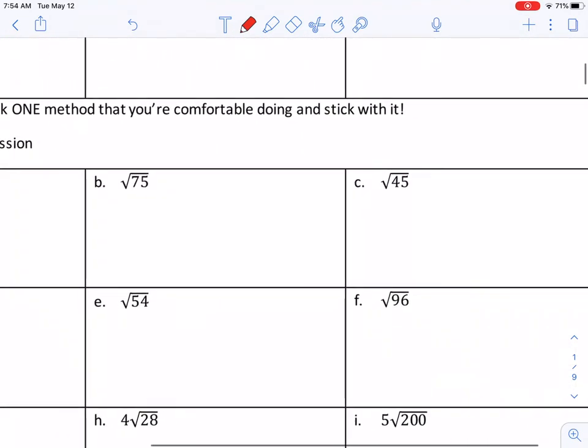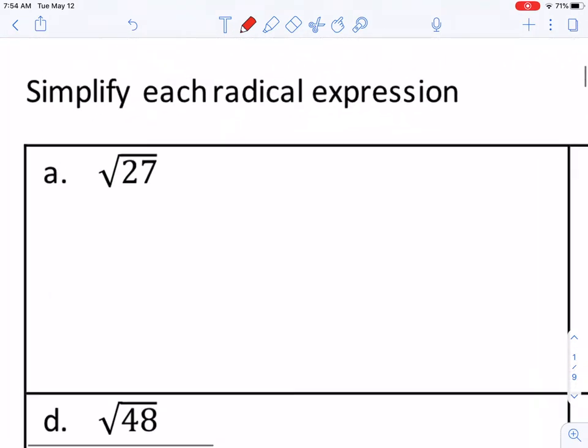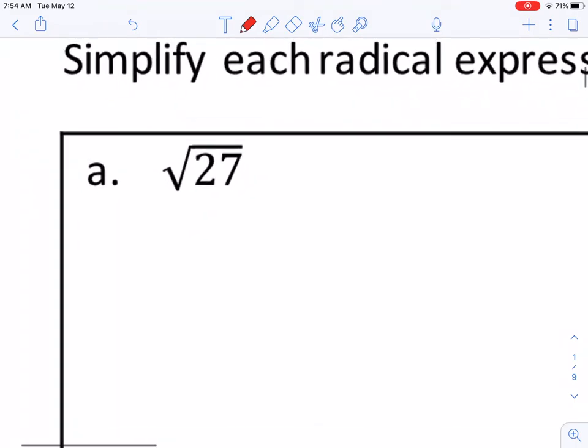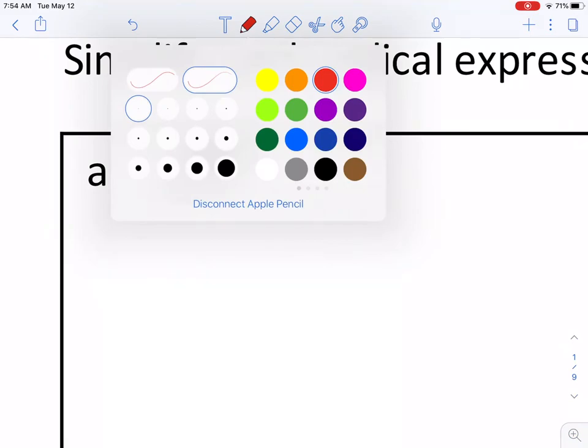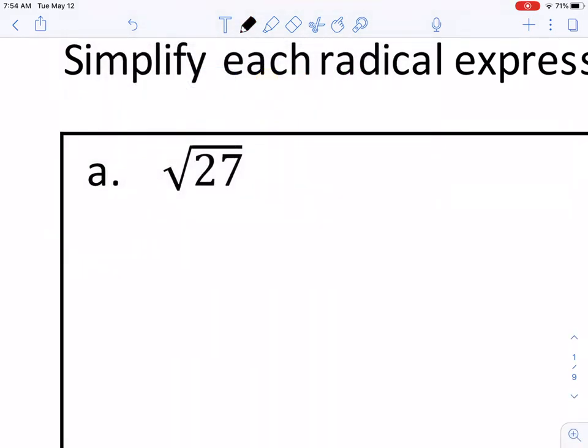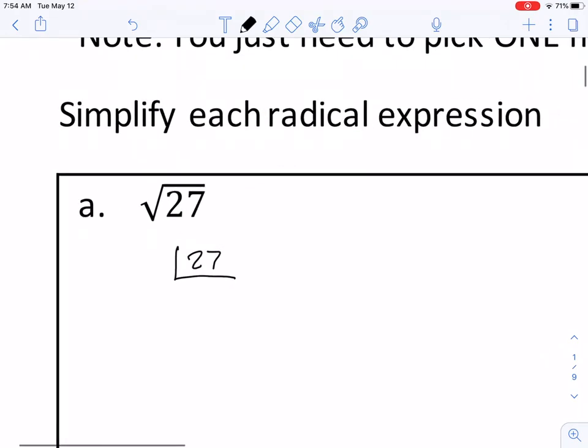So I'm just going to do the top 3. So 27. I am going to use a ladder, and I'll write my prime factors here so that you can see what I'm thinking through.